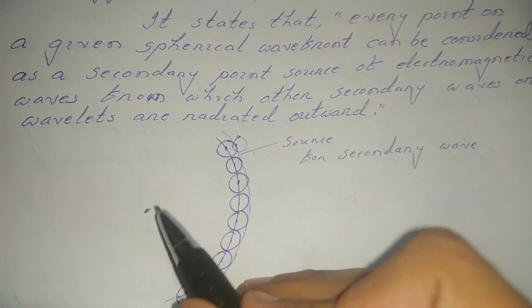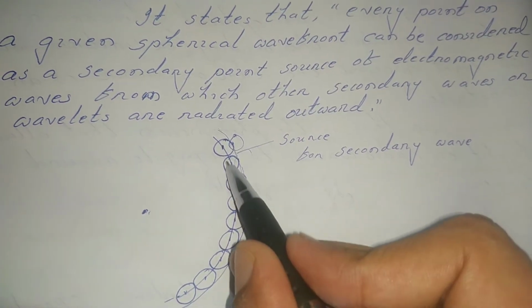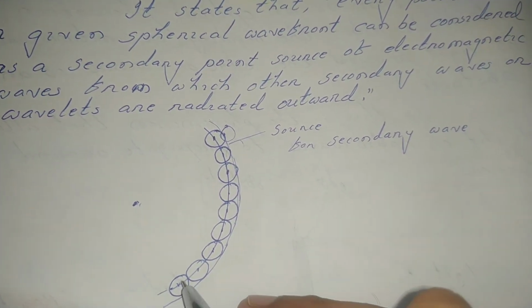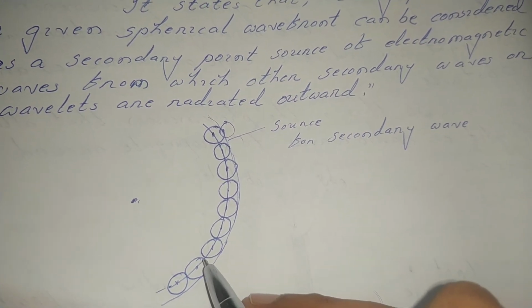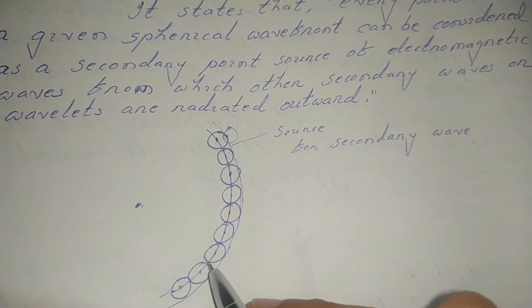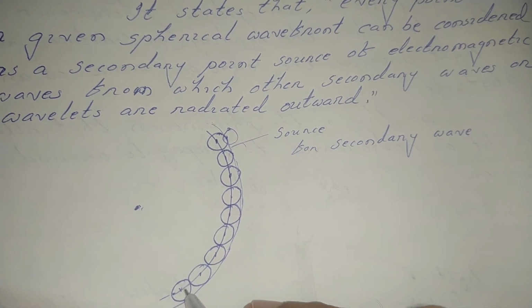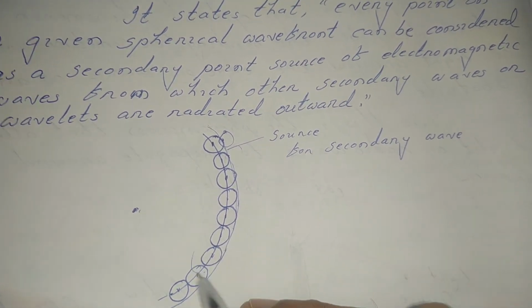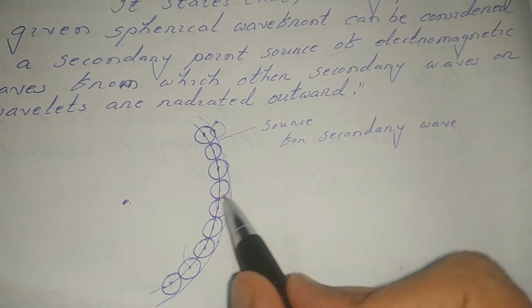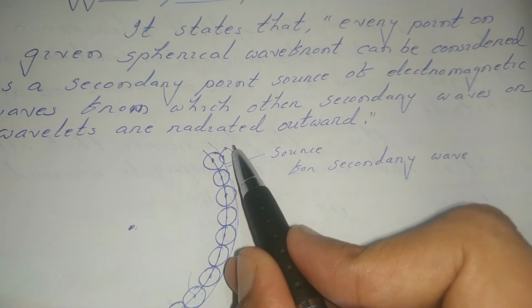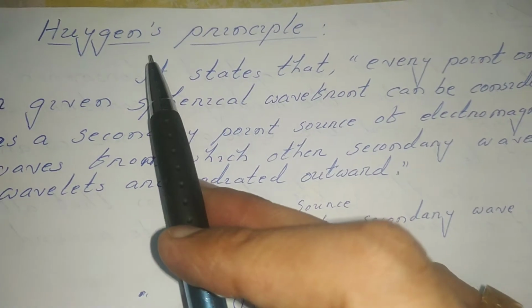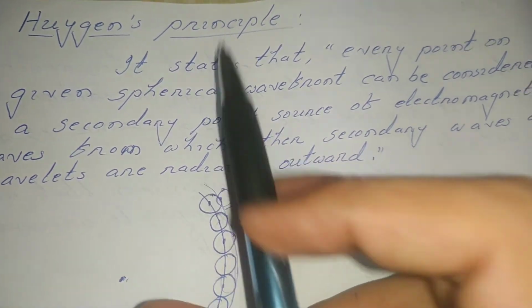Suppose this is your light source and this is the primary wavefront, and a wavefront is a locus of points where each point is vibrating in the same phase. From each point you can generate the secondary wavelets. That principle was given by the scientist Huygens, that's why it is called Huygens principle.